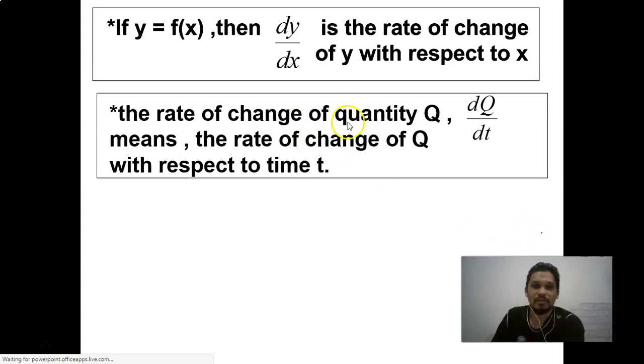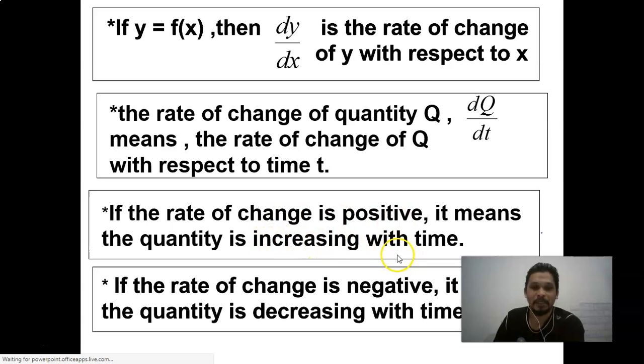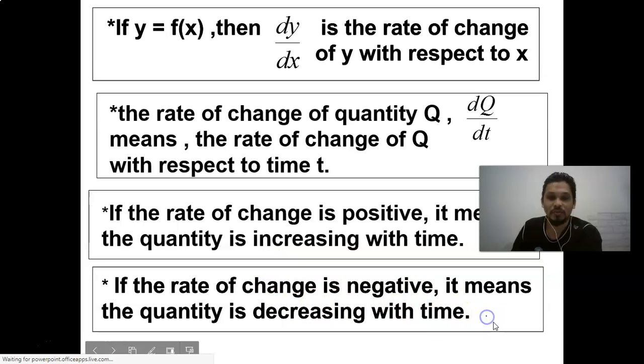If it is rate of change of a quantity, it means the rate of change of Q with respect to time t. So it has been somehow correlated with physics because the change of Q is subject to time. If the rate of change is positive, the quantity is increasing with time, and if the rate of change is negative, the quantity is decreasing with time.